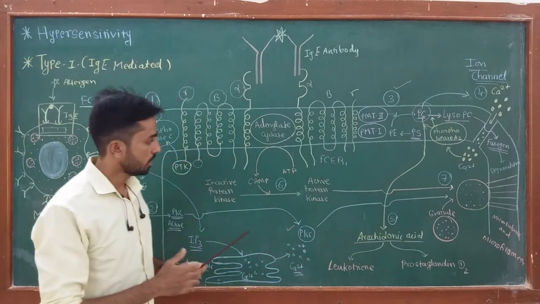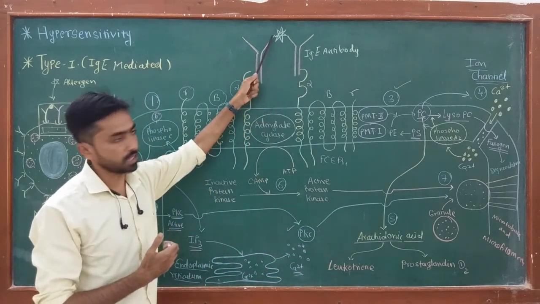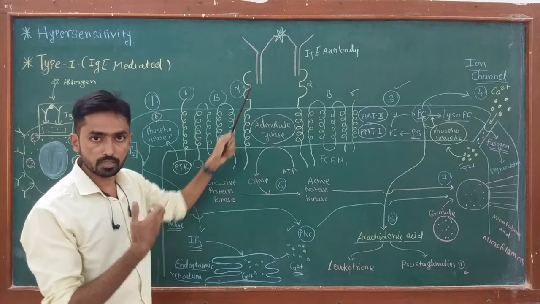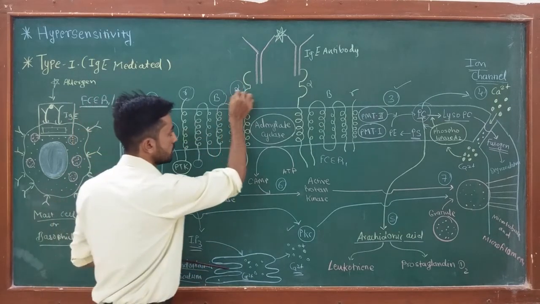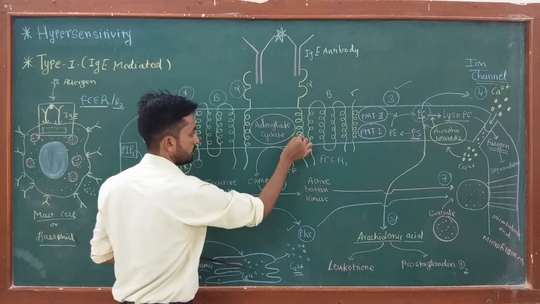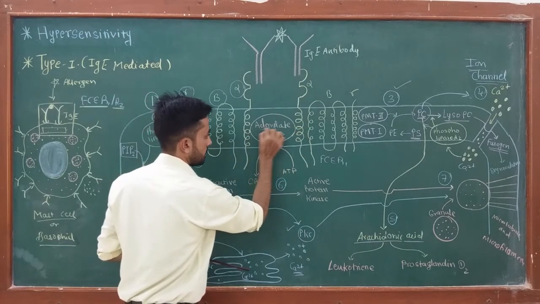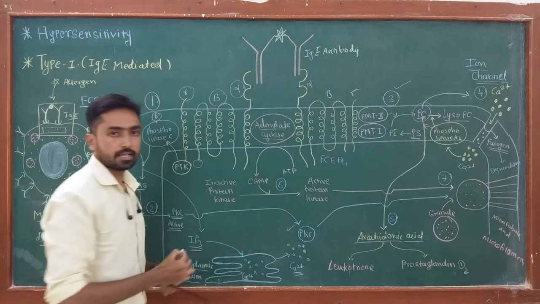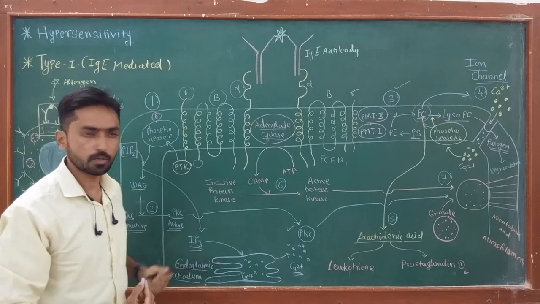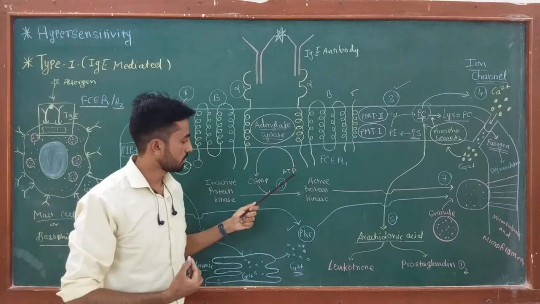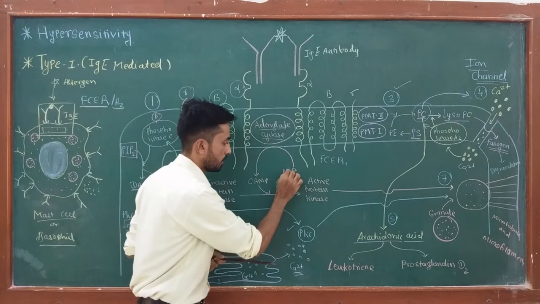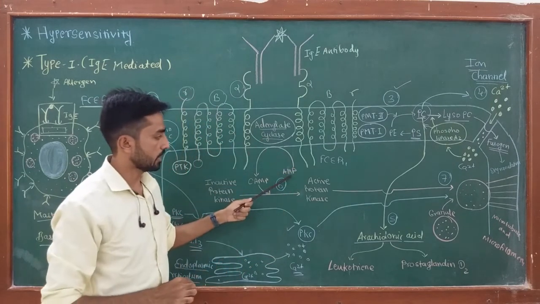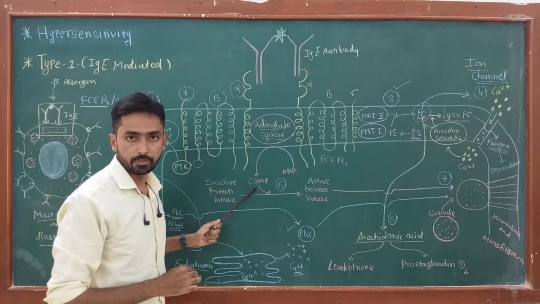Now, due to cross linkage of the allergen with the IgE antibody, another enzyme present close to the alpha chain of the receptor gets activated. The enzyme is adenylate cyclase. The substrate of this enzyme is AMP, and the enzyme converts AMP into cyclic AMP.